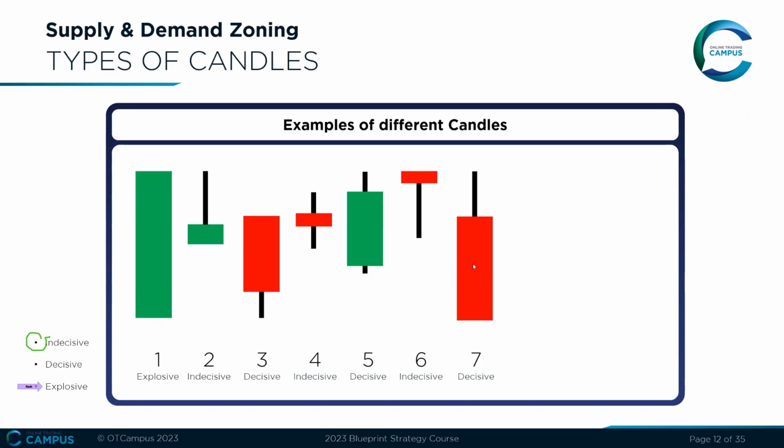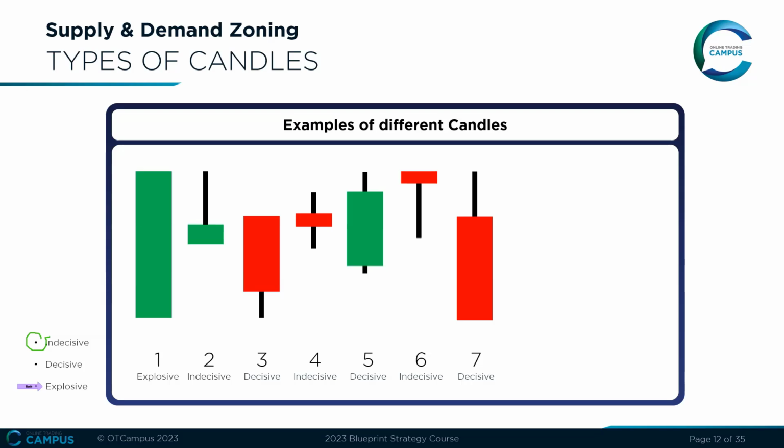They both indicate institutional activity, and sometimes it may not be very clear. And so what I don't want you to do is go and come with the measuring tape and measure the exact 70% or the exact 50%.